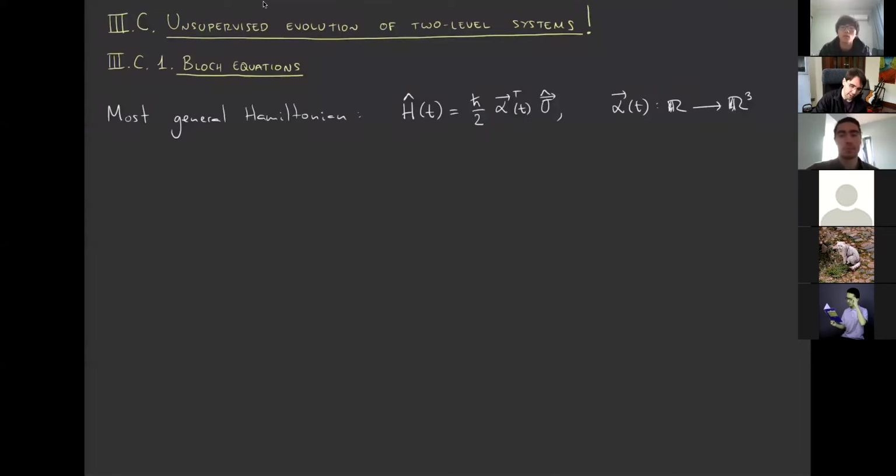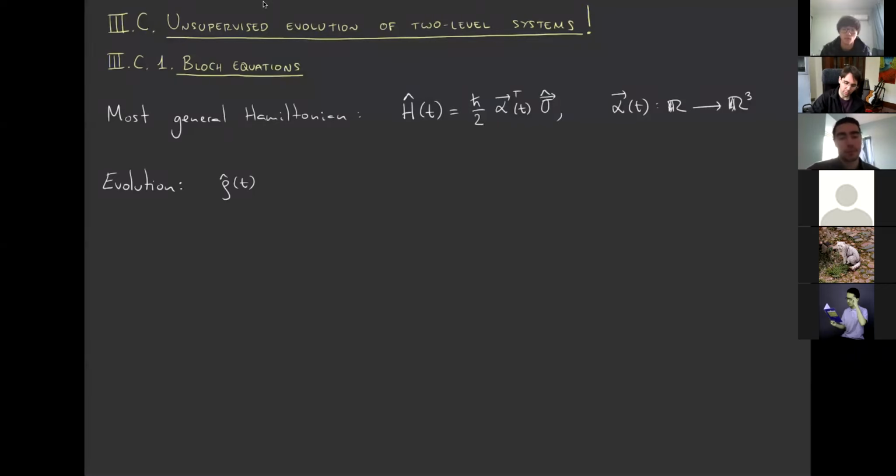Okay, then now let's talk about evolution. So the evolution, typically, like for example, you showed in the exercises, the evolution is given by saying what is the state at some given time. So what is the density operator at some given time.